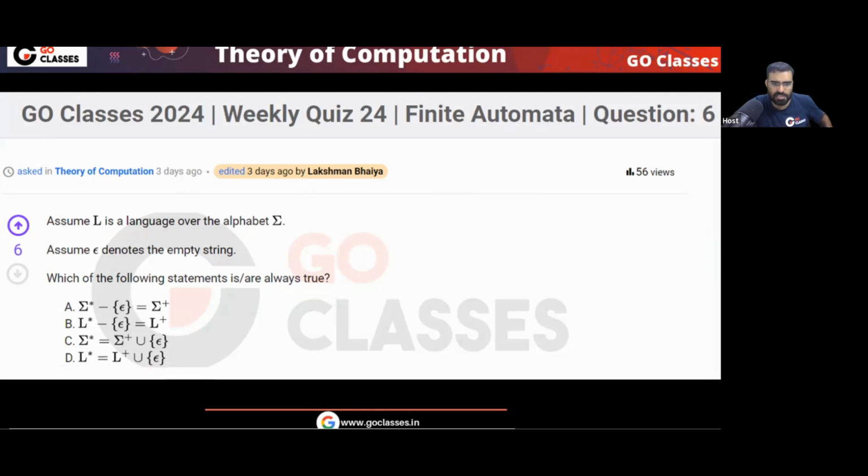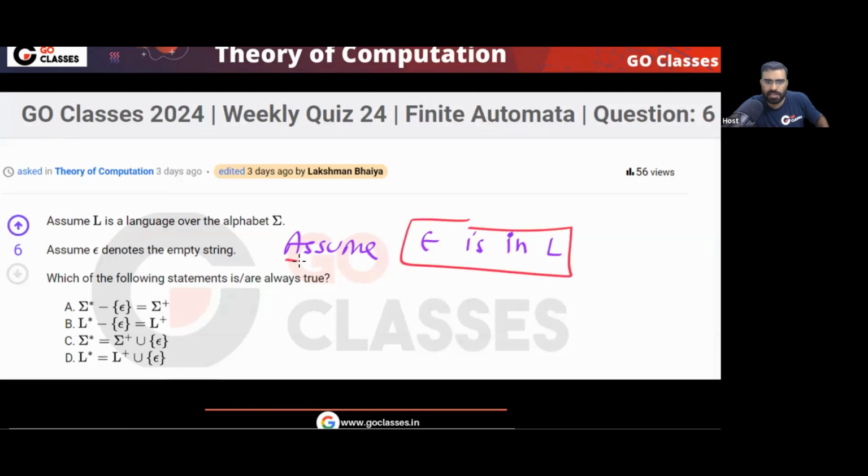Now in the same question, they can play some trick. Let's assume this is also given: epsilon is in L. Let's assume they give you this. Now what will be the answer? Tell me. A new question.